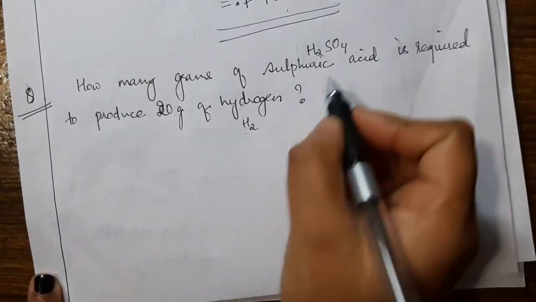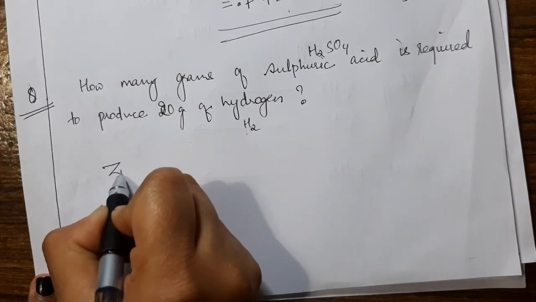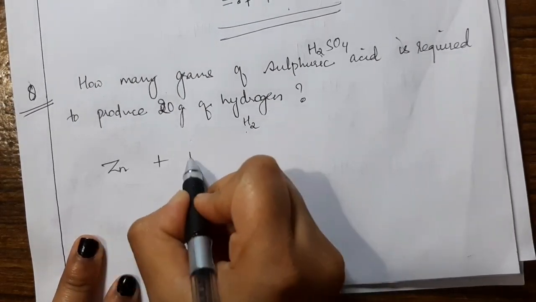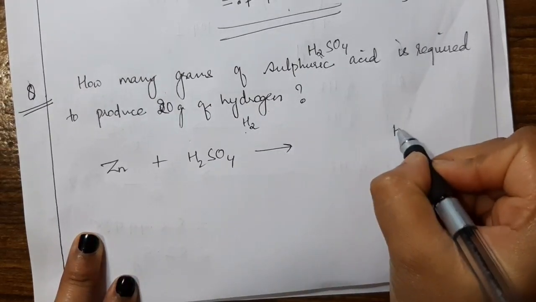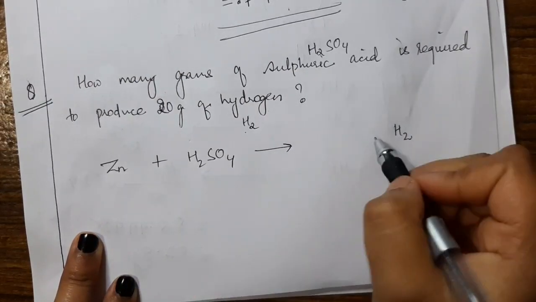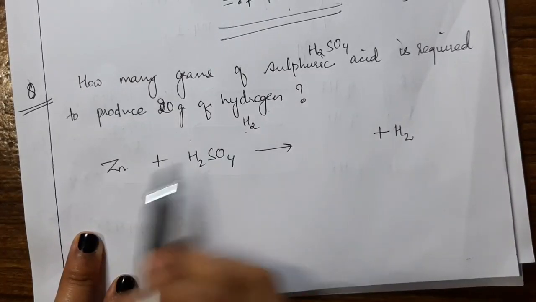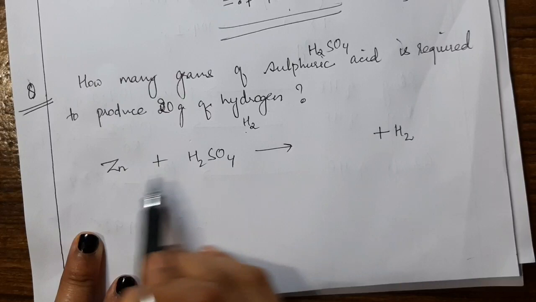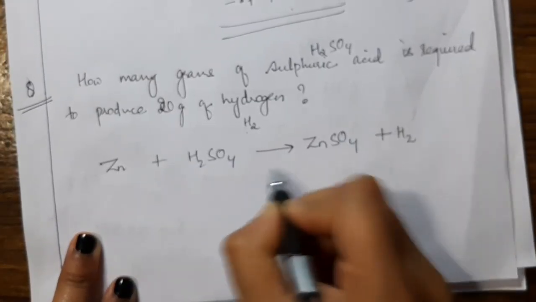So let's write the reaction. Let's take the active metal zinc. Zinc, Zn, reacts with sulfuric acid H2SO4 and gives hydrogen H2. What is the other product formed? It's ZnSO4, the salt, zinc sulfate.